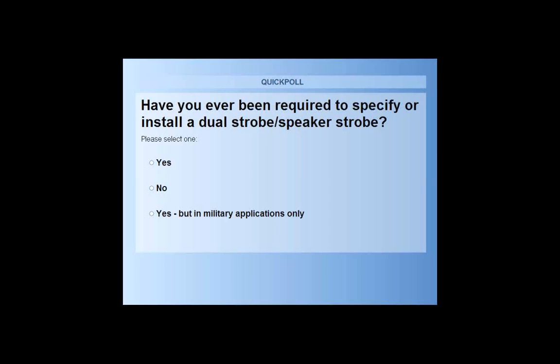So three possible responses. There could be two yes answers, yes in general, or yes but in military applications only. We're trying to determine if it's one or the other, and then obviously no is the third response. So we'd appreciate you taking a minute and going ahead and voting in our poll. That'll help us determine some product needs in the future as well.